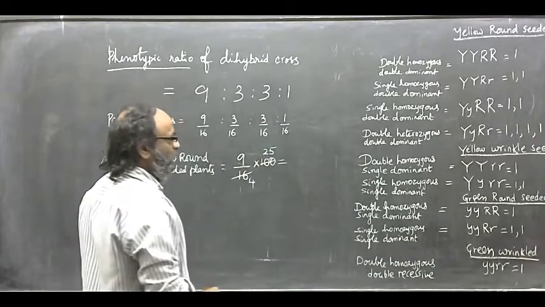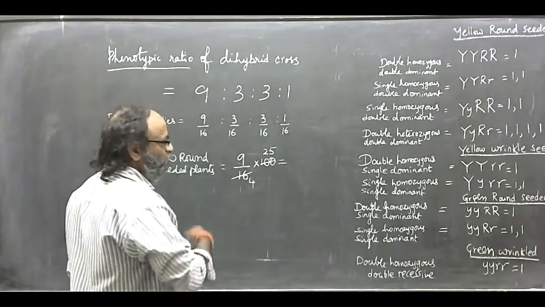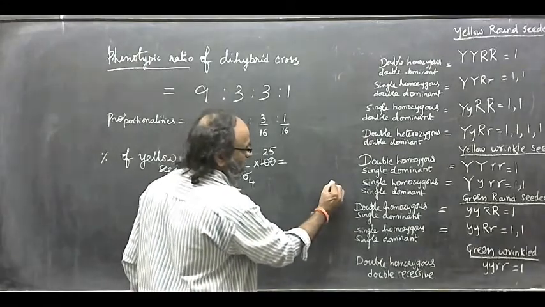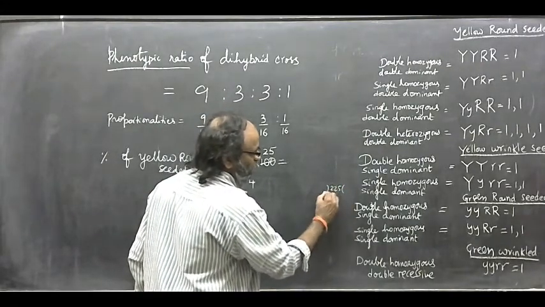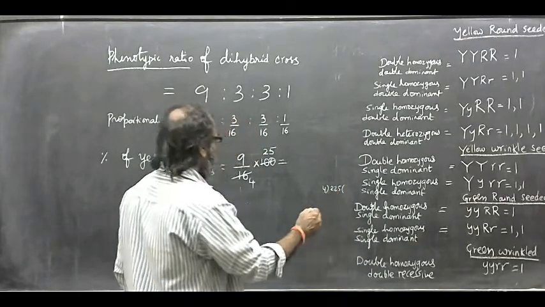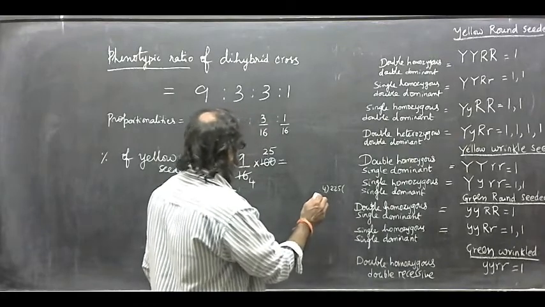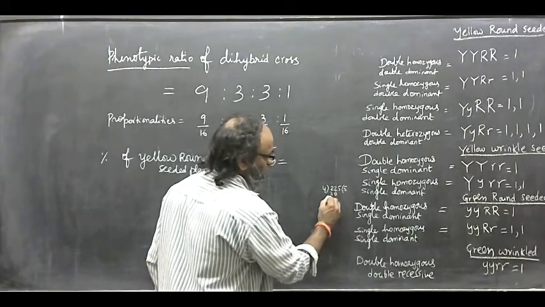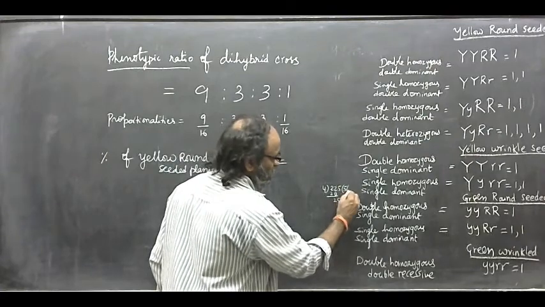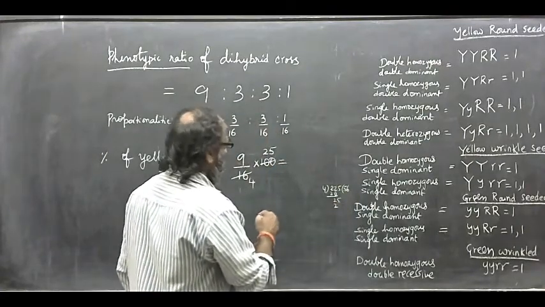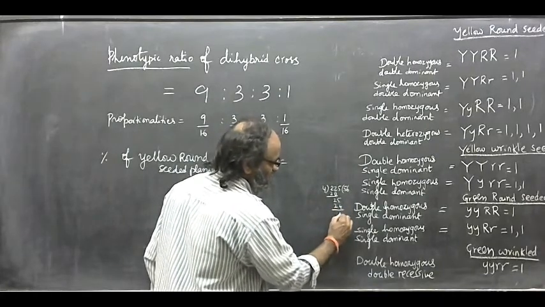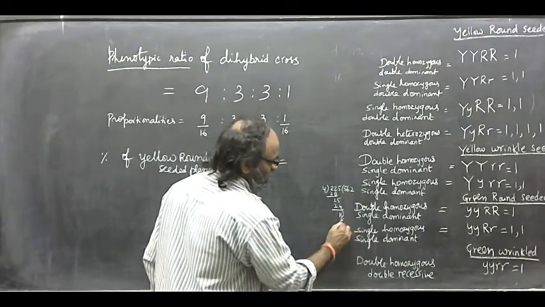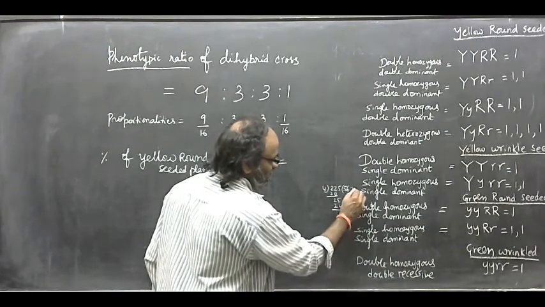It is 25 into 9, 25 into 9 is 225. 225 by 4 means 56.25.